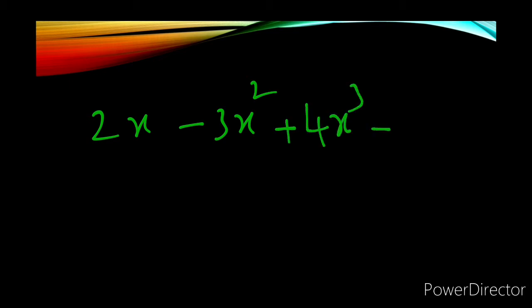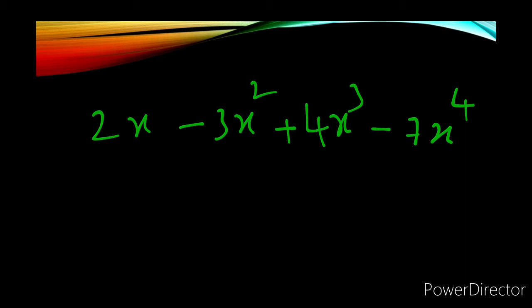I will explain through one more example: 2x minus 3x square plus 4x cube minus 7x power 4. So what is the degree here? We have to see the highest power.